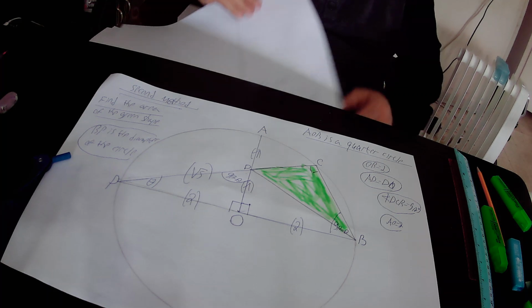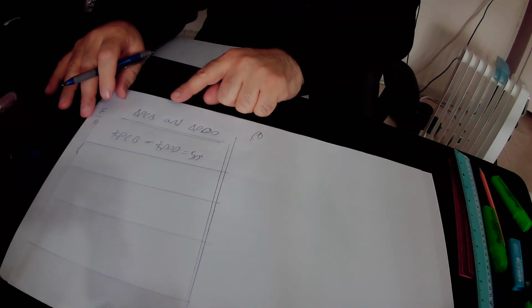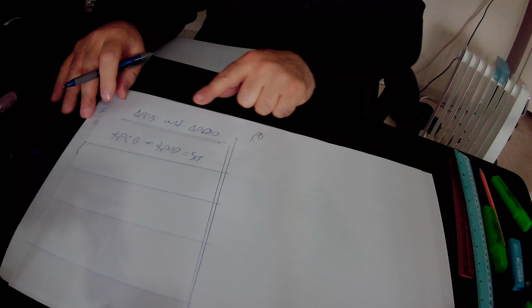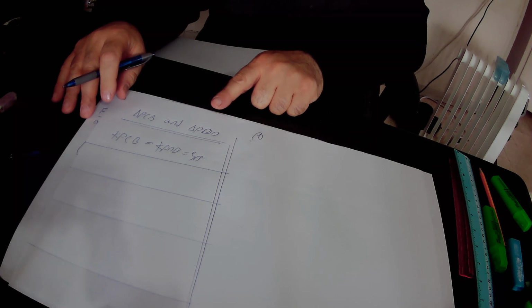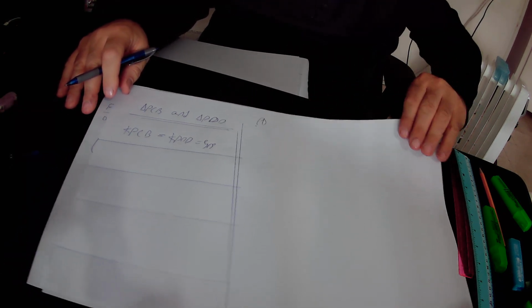I'll repeat again. Angle PCB in the big right triangle PCB equals angle PDO in the small right triangle PDO. They are both equal to 90 degrees, therefore they are equal to each other.